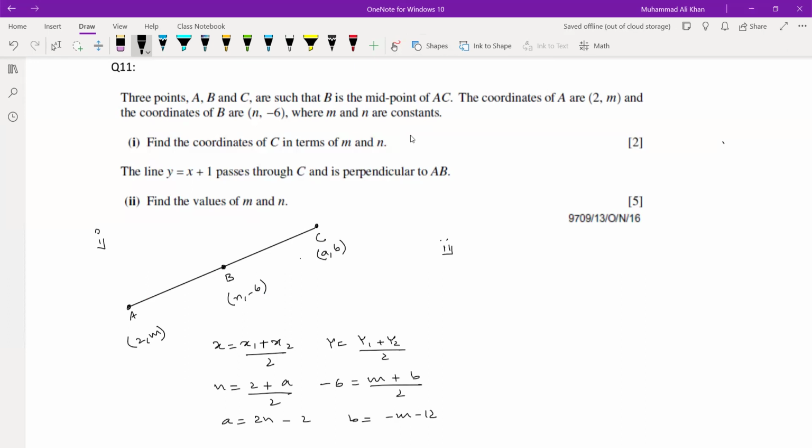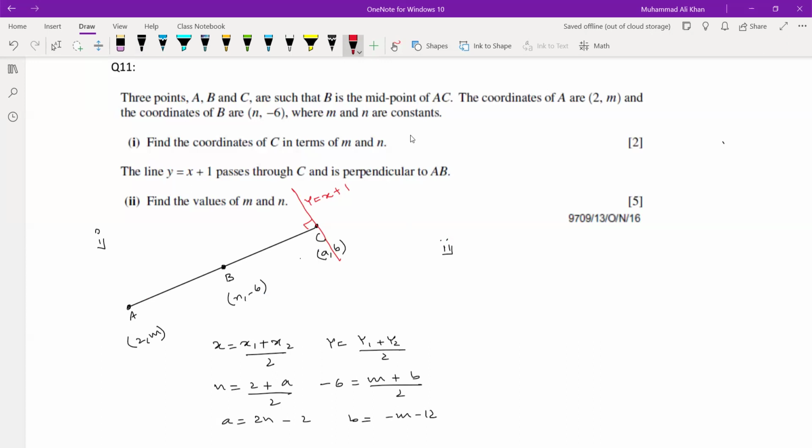The second part is: the line y equals x plus 1 passes through C and is perpendicular to AB. The equation of the line is y equals x plus 1. We have to calculate the values of m and n, two constants.